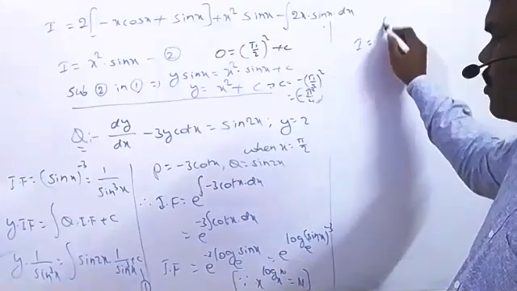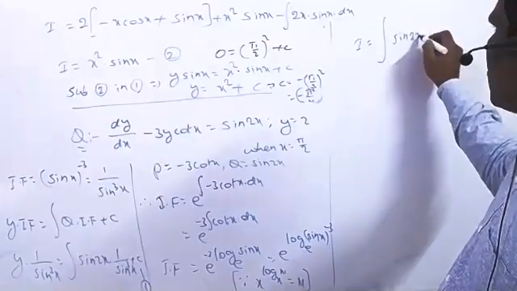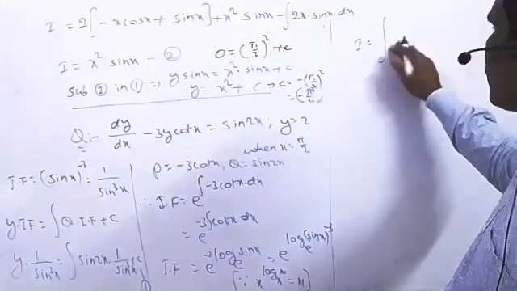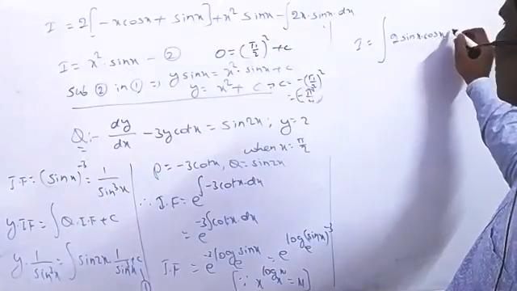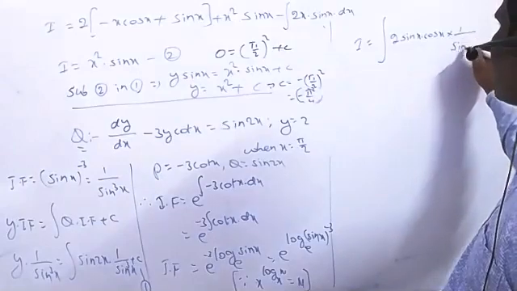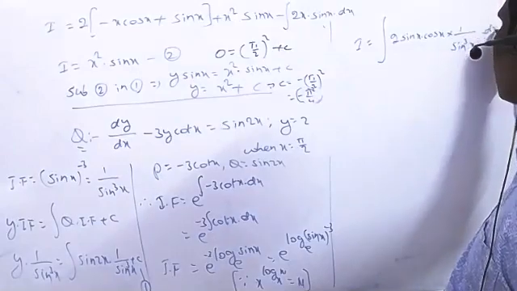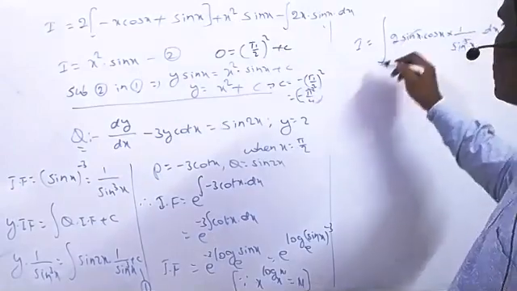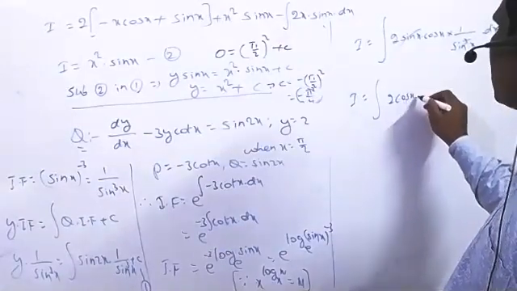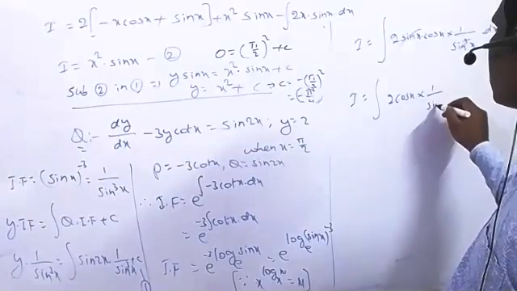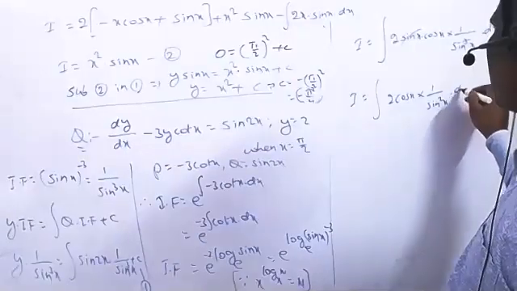I equals integration of sin 2x into, sin 2x equals 2 sin x into cos x, into 1 by sine cube x dx, and sin x will be cancelled. I equals integration of cos x into 1 by sine square x dx.